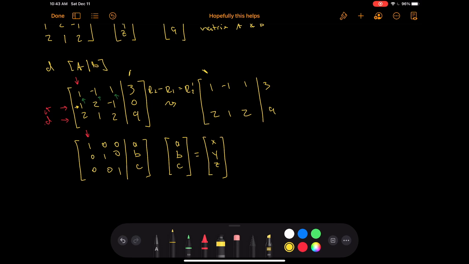The 1 minus 1 is obviously 0. The 2 minus -1 is 2 plus 1, which is equal to 3. And then -1 minus 1 is -2. What we did here will be the same thing on the other side of the augmented matrix. So it'll be 0 minus 3, and we will get -3.